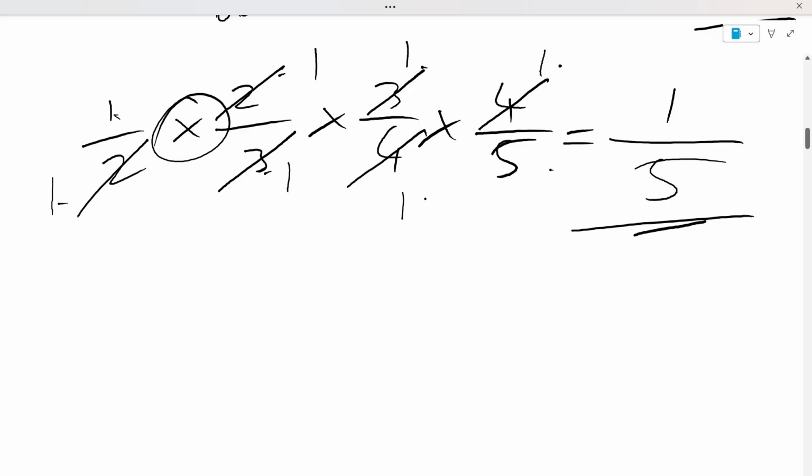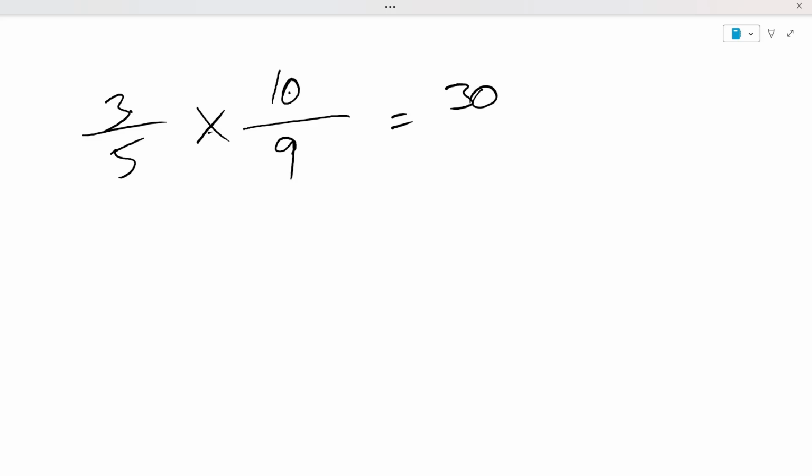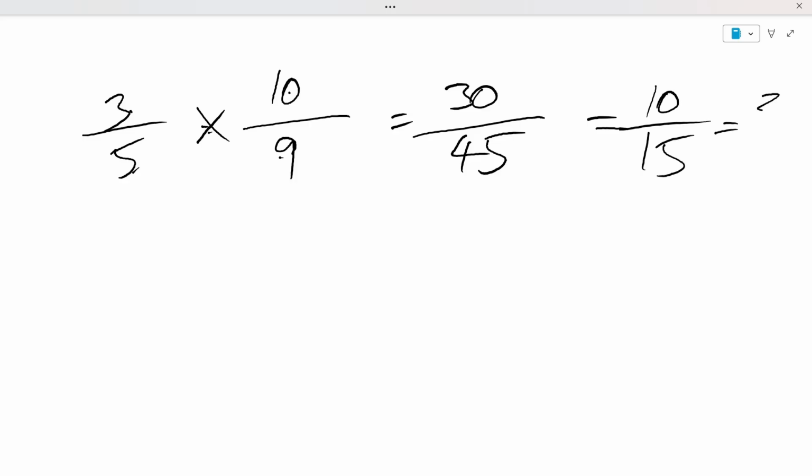That only works if you are multiplying or dividing, as we'll show in the next video. We'll do one more example. Let's say I had something like 3/5 times 10 over 9. I can either do 3 times 10 is 30, 5 times 9 is 45, and I can actually divide top and bottom here by 15, but if you can't notice that, you can divide first by 3 and then by 5.